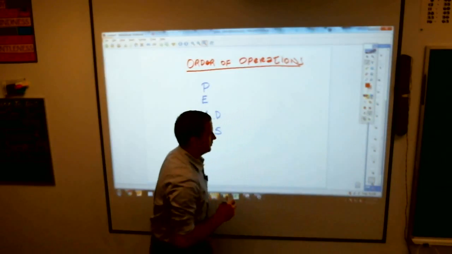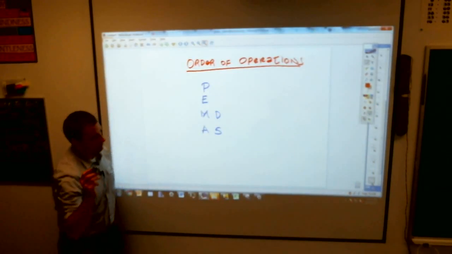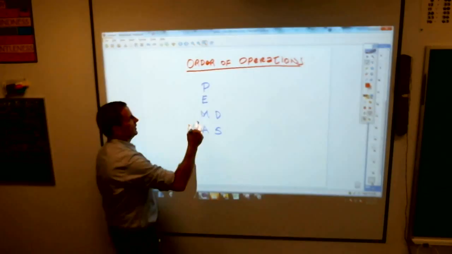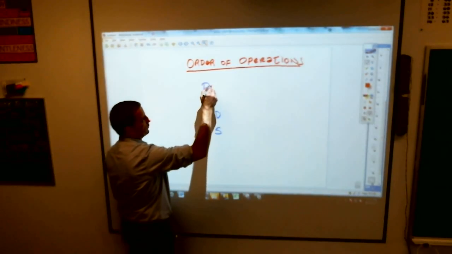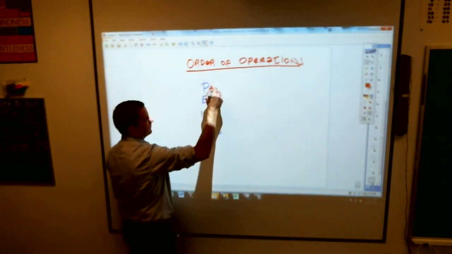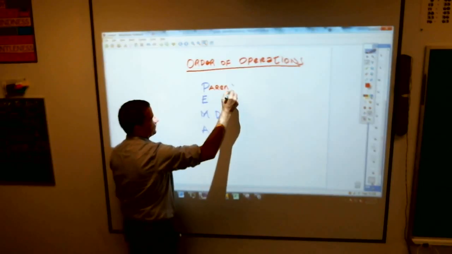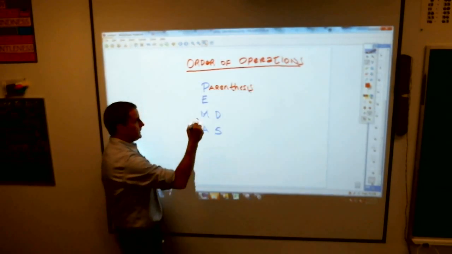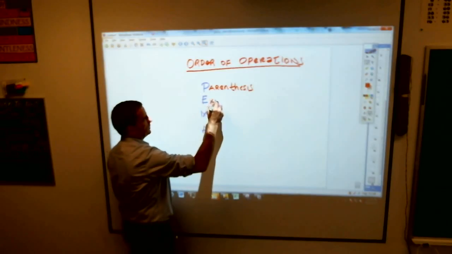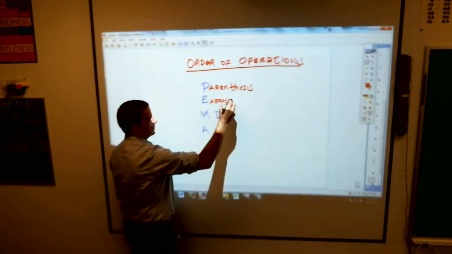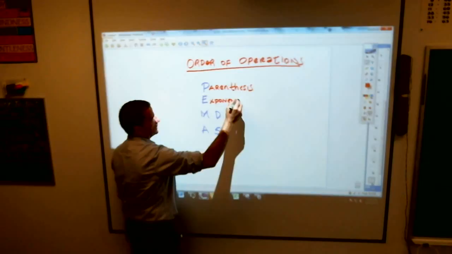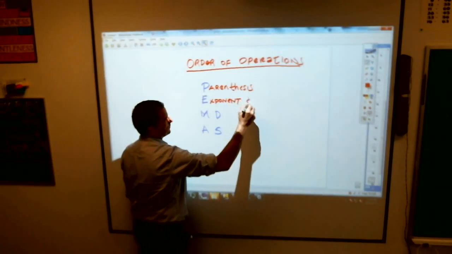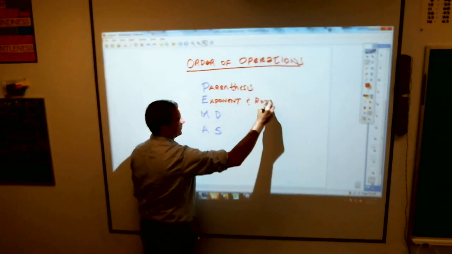Only some of these are going to apply to you. You can write these down just for later notes here. The P stands for parentheses. The E stands for exponents and roots. Again, we don't have to worry about these yet.